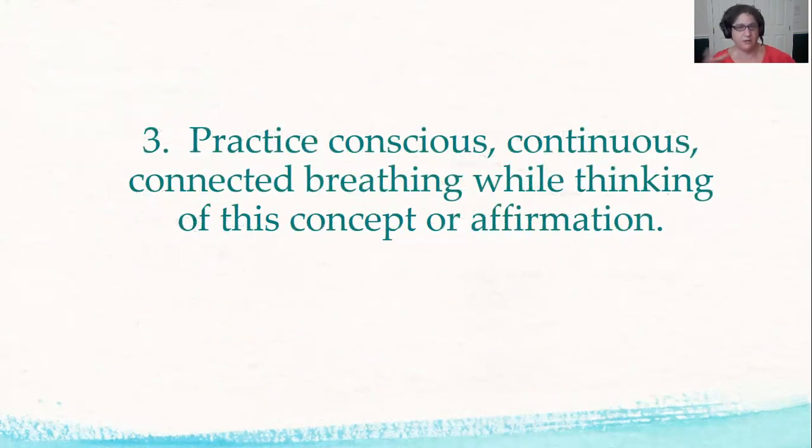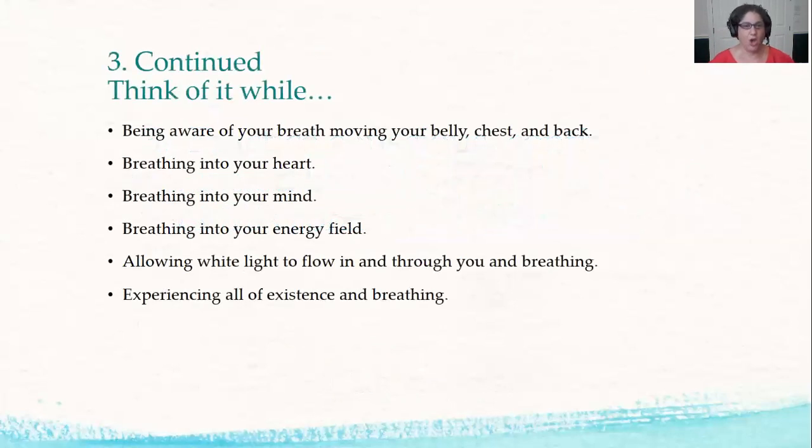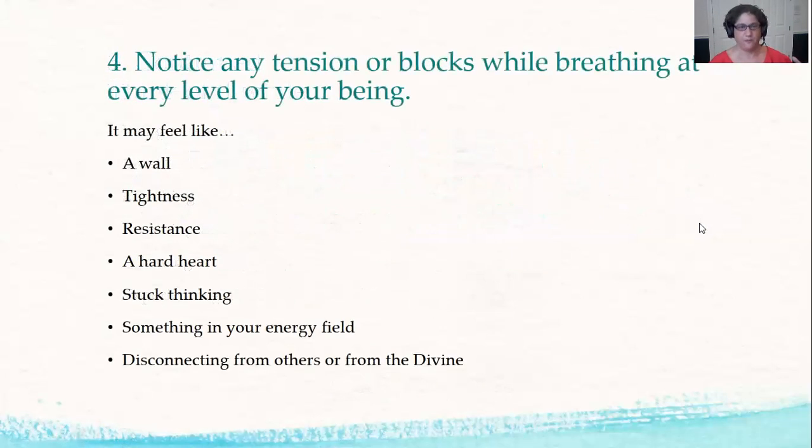Okay, so these steps 2, 3, 4, and 5 kind of swirl together. So I'm going to talk you through breathing into your belly, your heart, your mind, your energy field, and all that is as you think about money and abundance. I'm also going to invite in white light, and so you're going to experience that too.